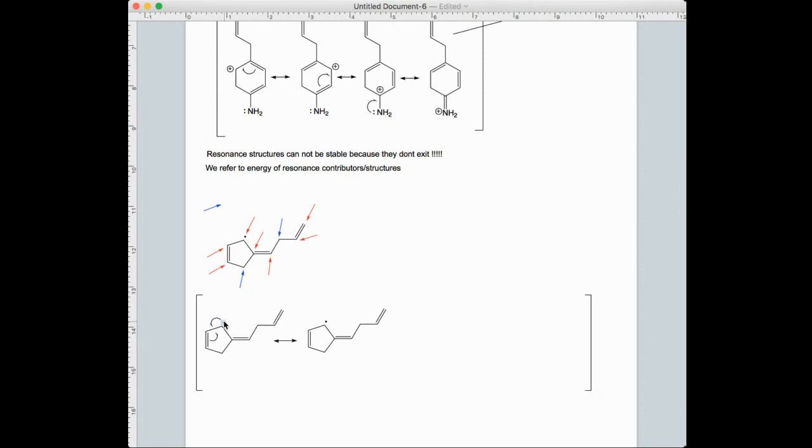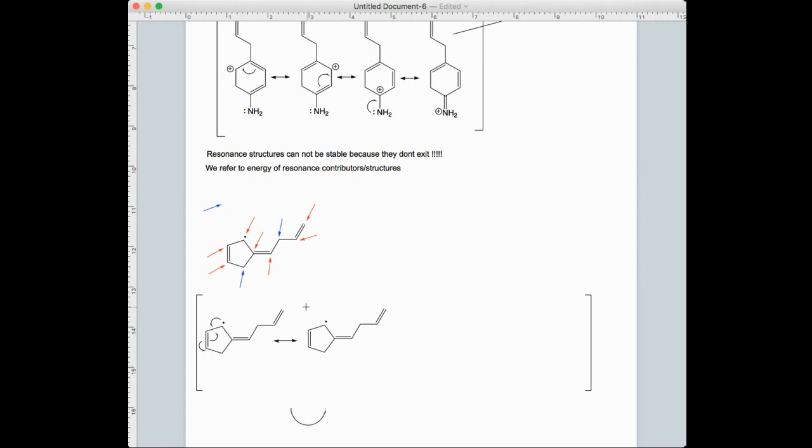So this one electron will be used for a pi bond here. And from this pi bond, one electron will be used to make this pi bond. So two electrons make a bond. Therefore, there will be a third electron that is going to be forming another radical. In this case, this one over here.